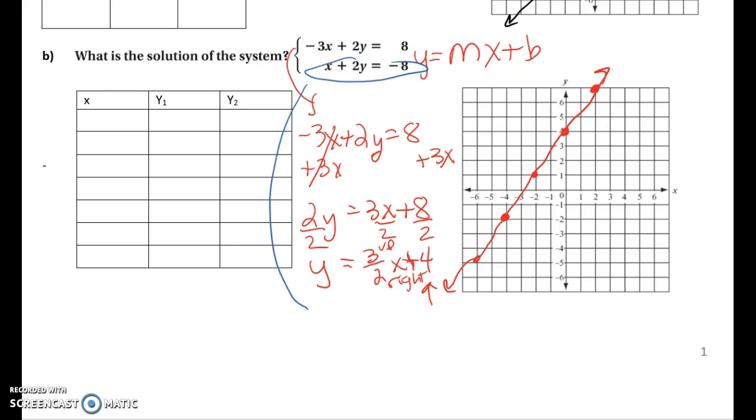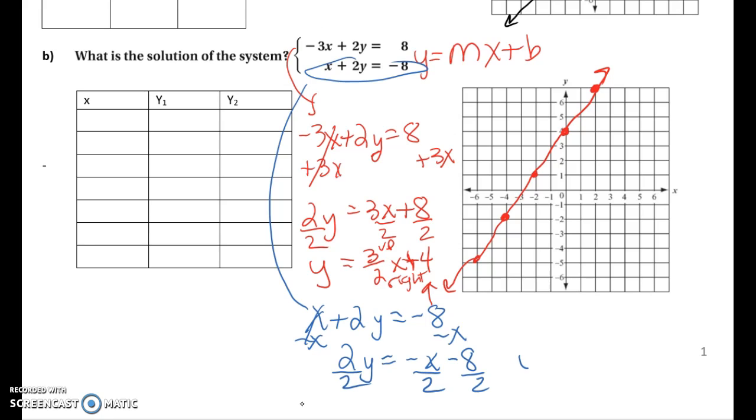So for the second line, I'm going to recopy the problem, and I need to get y by itself. So I need to move the x term over by subtracting it. I'm going to put the -x in front of the -8, divide both sides by 2. When I do that, I get -1/2 x minus 4.